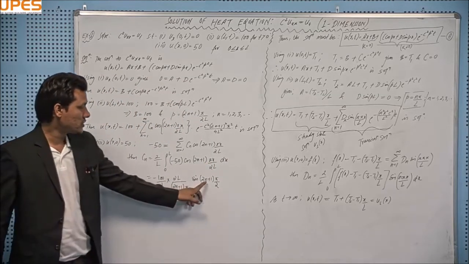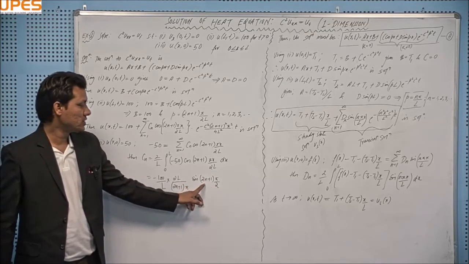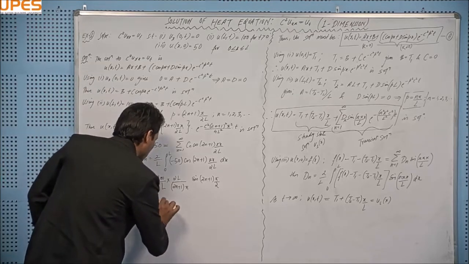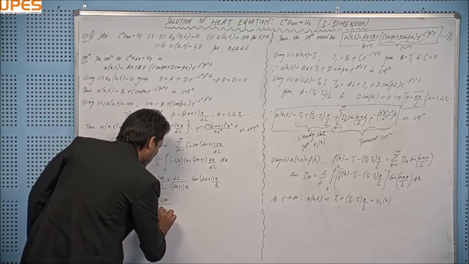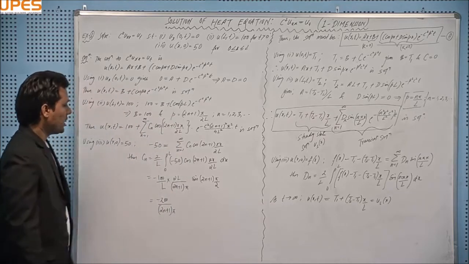Since this is obviously an odd multiple of π by 2, it may be plus or minus 1. Then the solution will become minus 100, L will be cancelled, minus 200 over (2n+1)π.